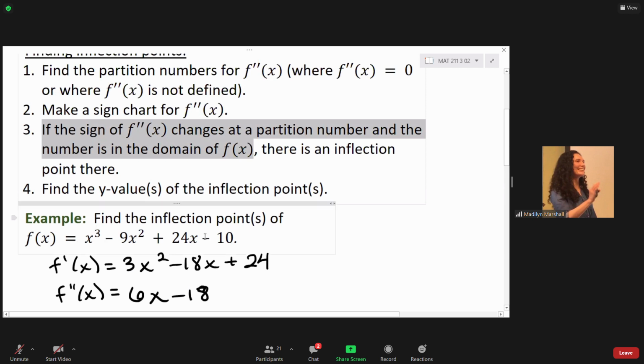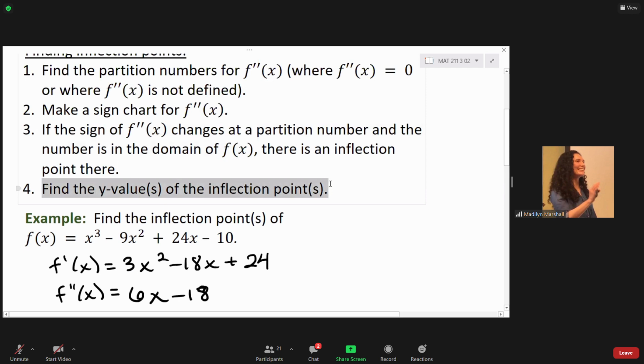But since our original function is a polynomial, its domain is all real numbers, so it's definitely in there. That means there is an inflection point there. So we definitely have an inflection point at x equals 3. And our last step is to find the y value of that inflection point, which means just plugging it into the original function.